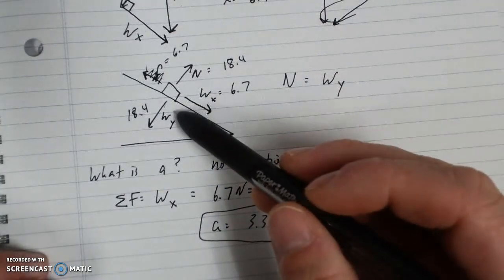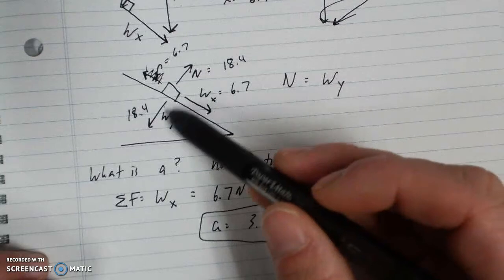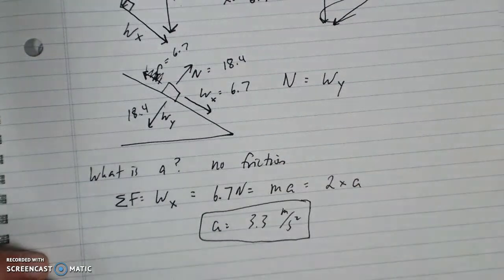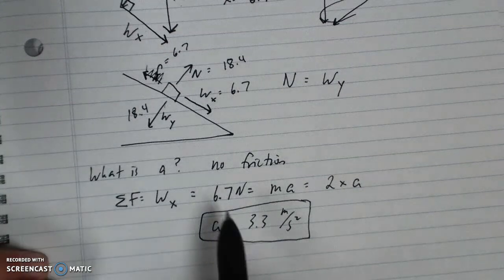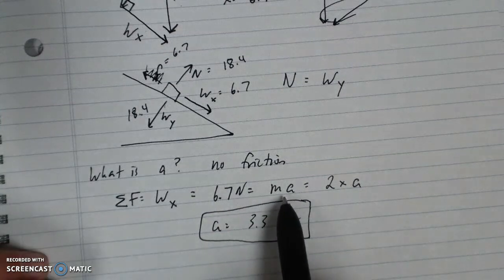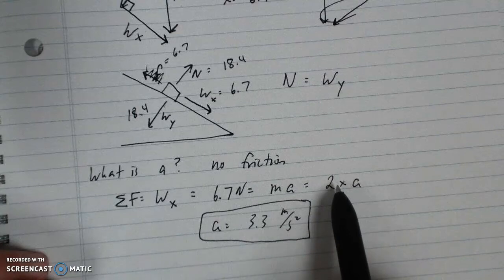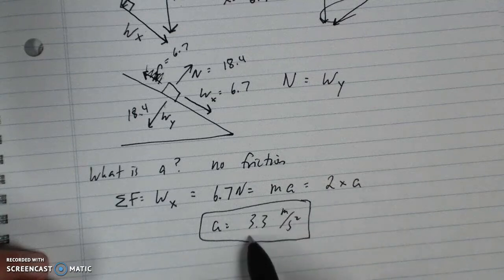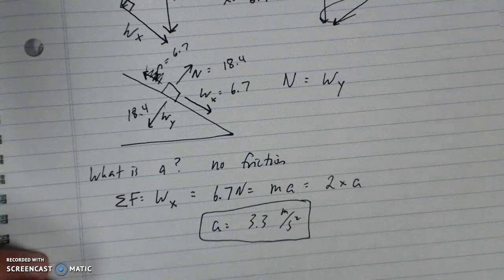Well, the weight force in the y dimension and the normal force are balancing forces. They're not going to be involved in any sort of net force. So for my net force, we set this 6.7 equal to second law, and we know the mass from earlier is 2 kilograms, and we can solve for the acceleration down the slope, 3.3 meters per second squared.